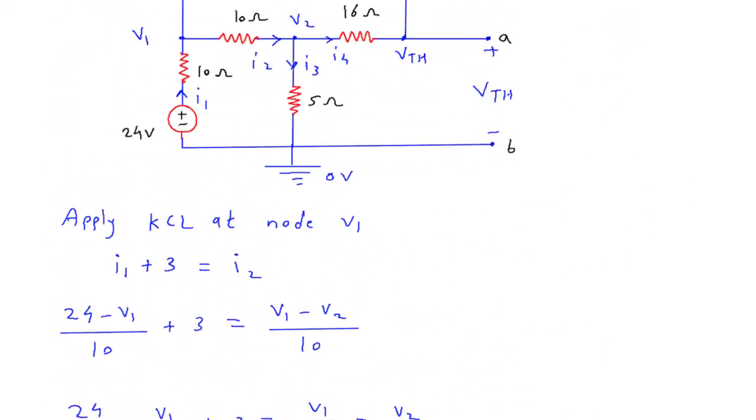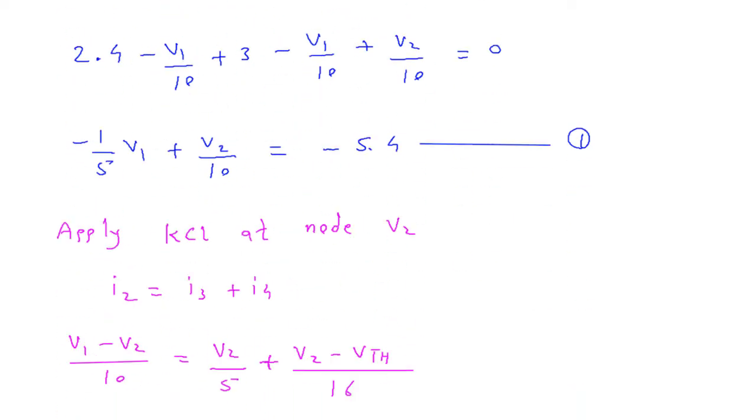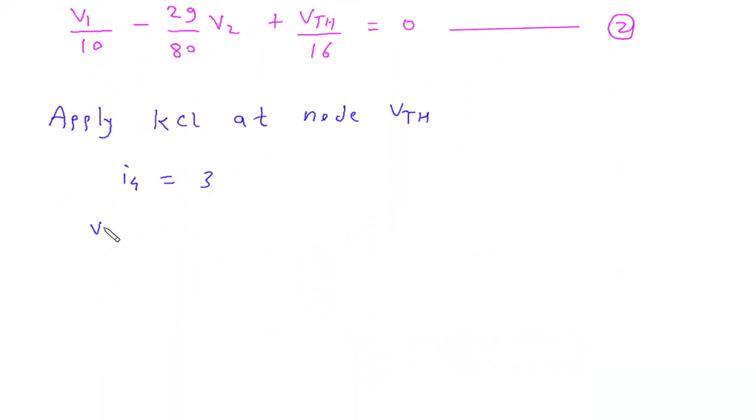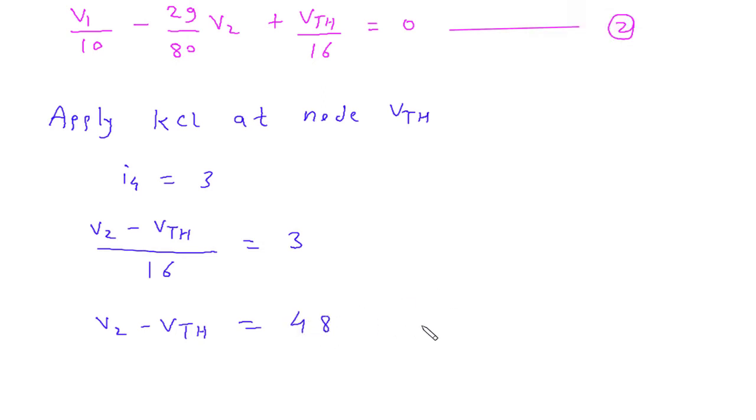Now I4 is V2 minus VTh by 16. V2 minus VTh by 16 is equal to 3. So this will be directly V2 minus VTh is equal to 16 into 3, 48. Let's say this is equation number 3.